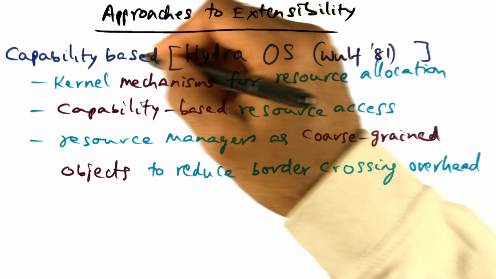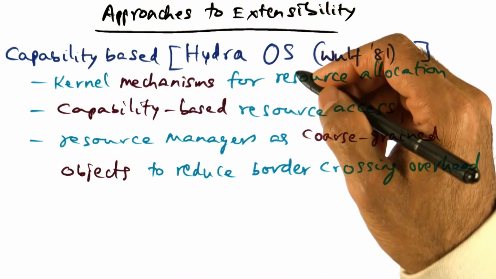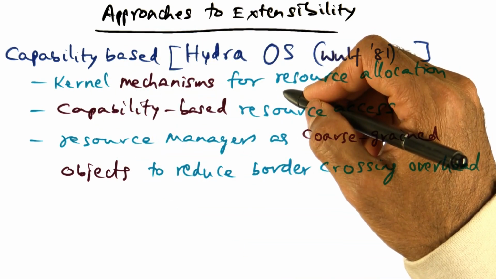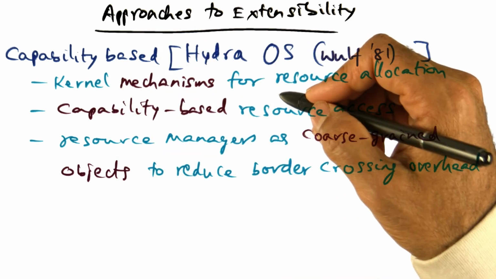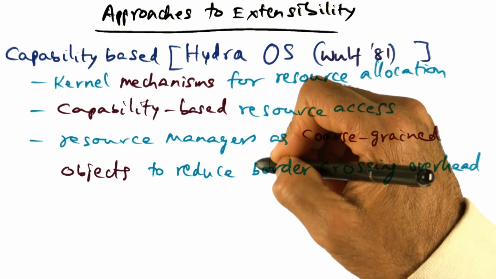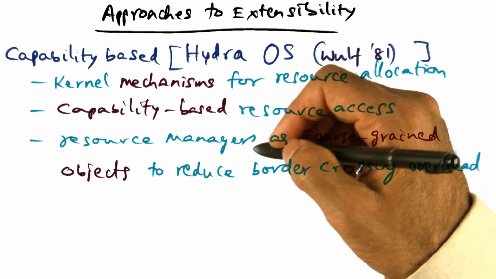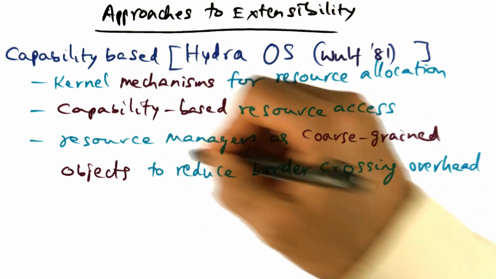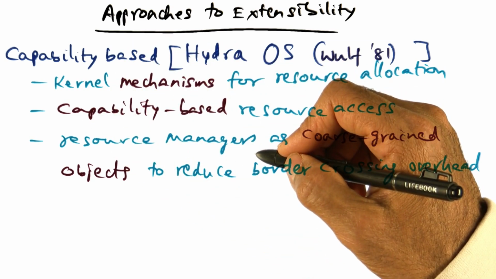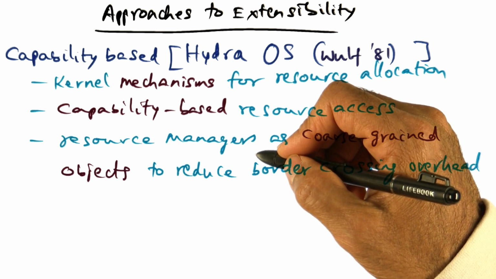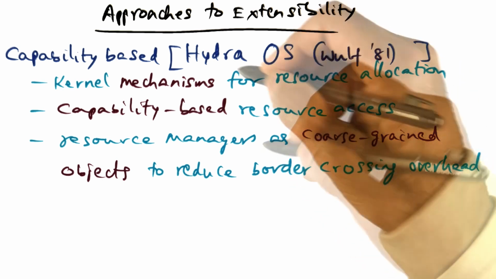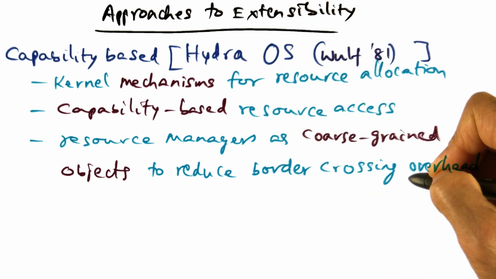So while in principle, Hydra had all the right ideas of providing minimal mechanisms in the kernel and having the resource managers implement policies, because the fundamental mechanism for accessing the resources was through this capability, which is a heavyweight abstract notion to implement efficiently, in practice, Hydra did not fully achieve its goal of extensibility.